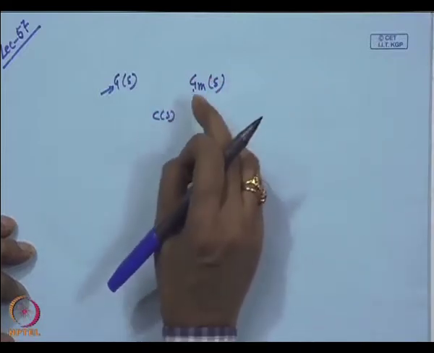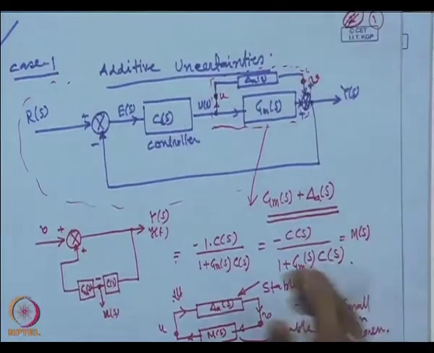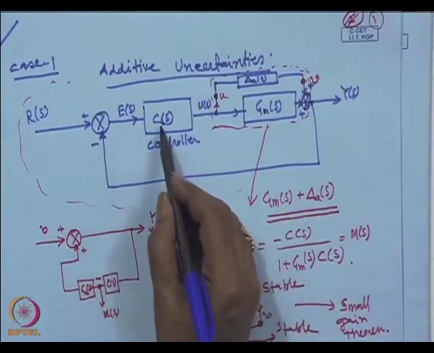And if it is able to maintain the stability of this system, then we have to find out how big the perturbation can be just before the system becomes unstable. So, if you recollect, this is the plant model, this is the controller.